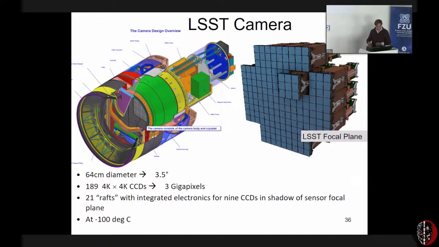That's the terminal science raft with integrated electronics, and each raft has 9 CCDs. So it's like a module for the camera. The CCDs, to meet the noise requirement, need to work at minus 100 degrees Celsius, so the camera, CCDs and also electronics must be cooled.